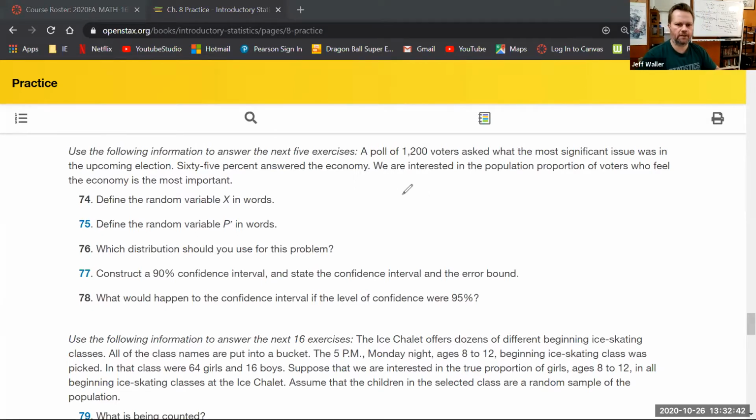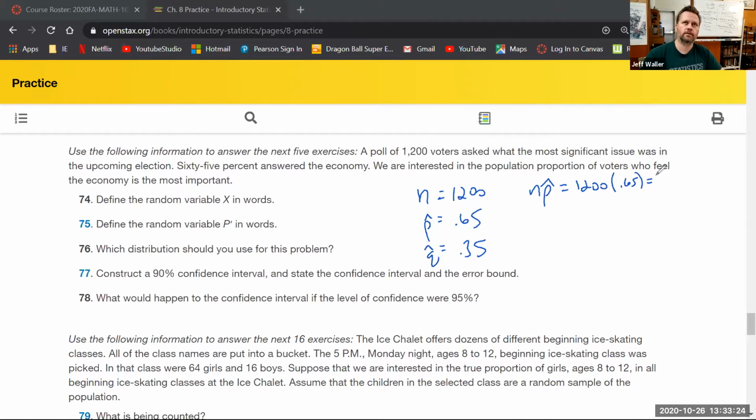So in this problem, what's N? 1200, yes. What's P hat? 65%, so 0.65. What's Q hat? 0.35. Good. So what's N times P hat? It would be 1200 times 0.65. 1.3 times 600.